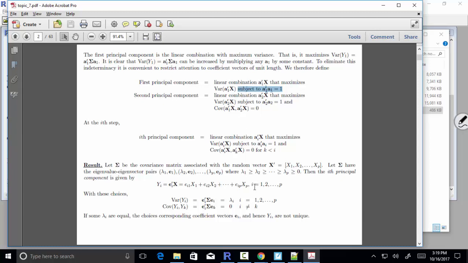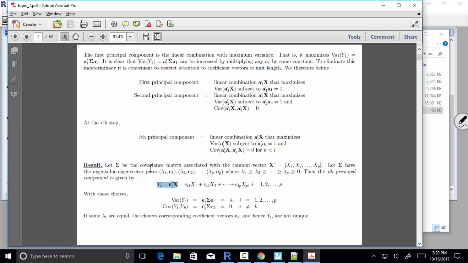And then the result is that the ith principal component is Ei transpose X, where Ei is the ith eigenvector of S, or sigma.